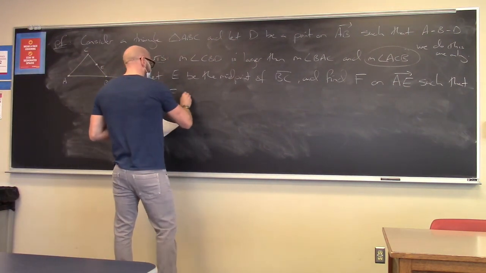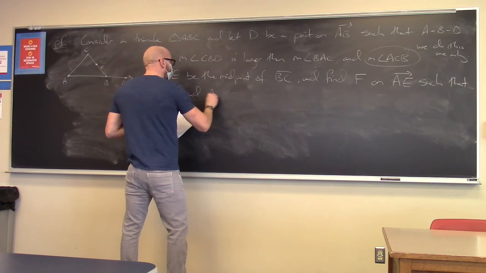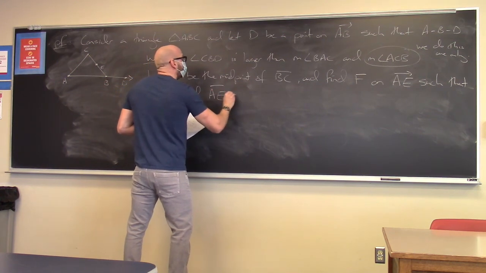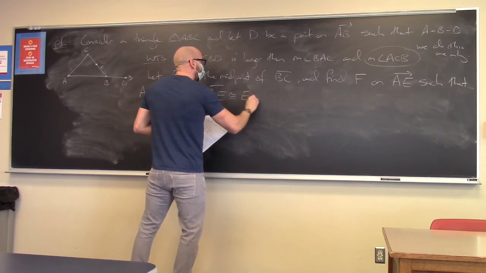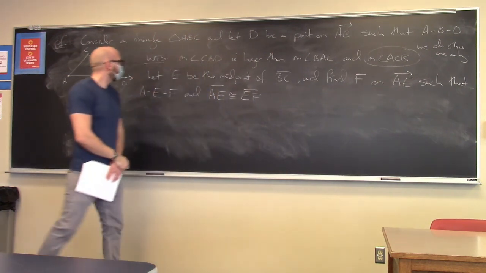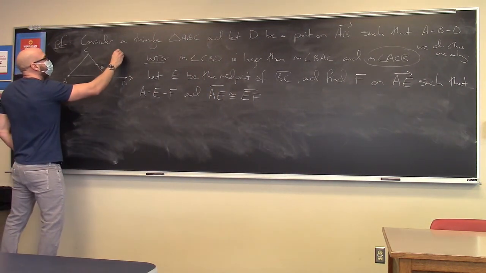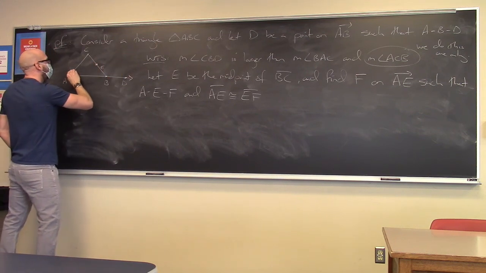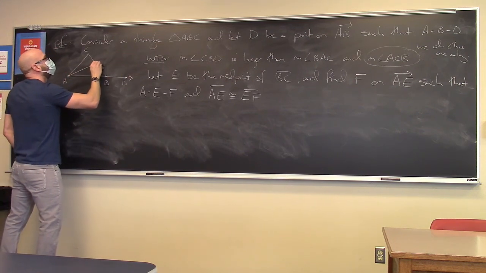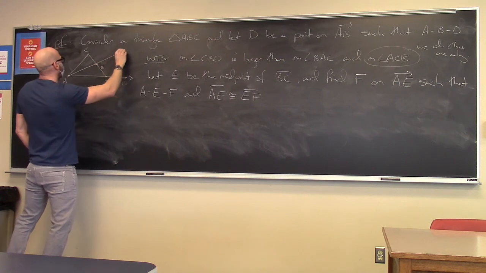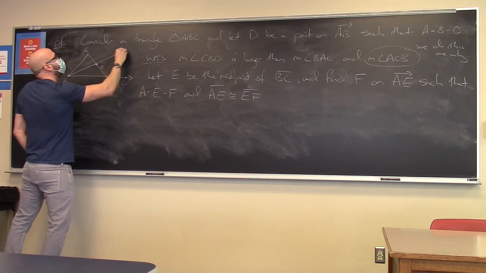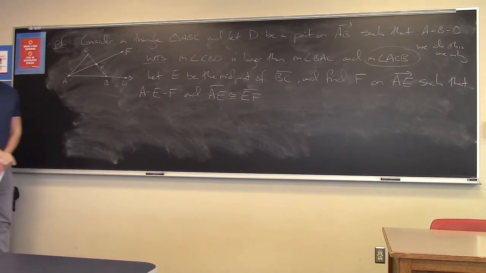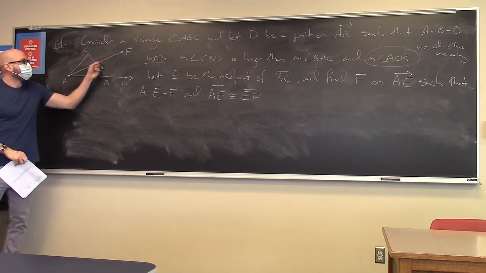So that AE is congruent to EF. So I'm going to extend this ray, draw this ray out, and we'll choose F. Oh, that's about right. So that F is the same distance from E as A is.